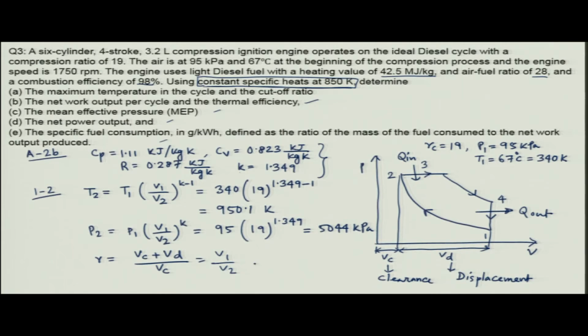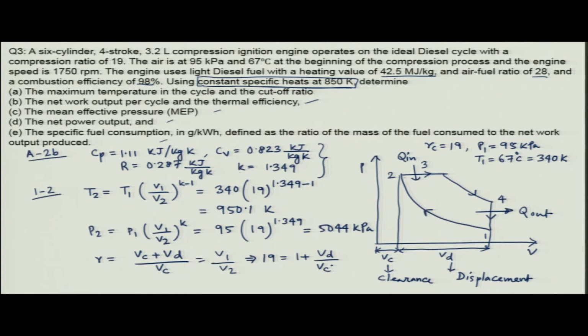So, now I can find what is Vc from this, okay, because the displacement volume is given, right. Okay. So, this R is 19, and Vc plus Vd by Vc, I can write as 1 plus Vd by Vc.